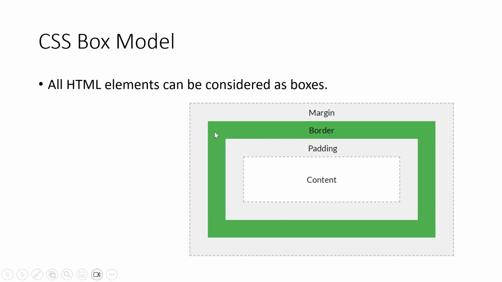And so when you have a margin, you specify the space of the element around the border. But if you want to specify the space within the content, inside the border, then you have to use what we call the padding, right? So understanding this will be very important. So you have a margin, you have a border, then you have padding, and then you have content, whatever text you type, for example, right?